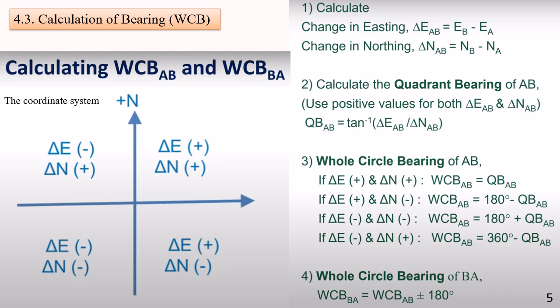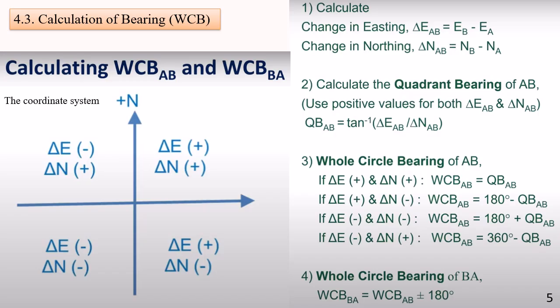In the third step, we have four cases based on these signs. In the first case, we will look at the signs of delta E and delta N from the first step. If delta E is positive and delta N is positive, the whole circle bearing value of AB would be exactly the same value as the quadrant bearing of AB.